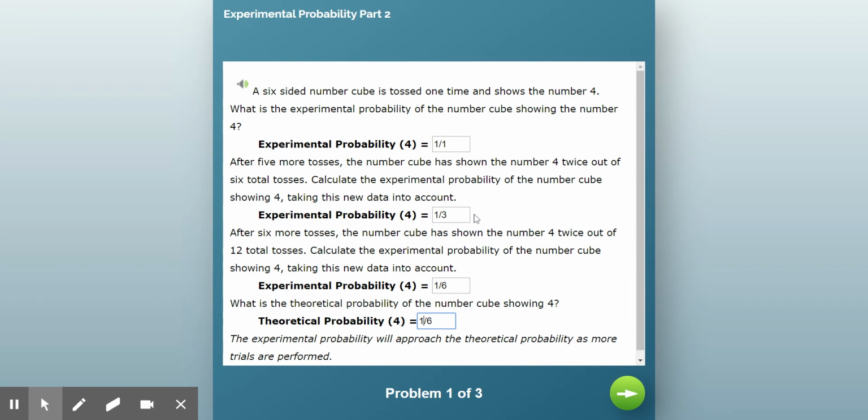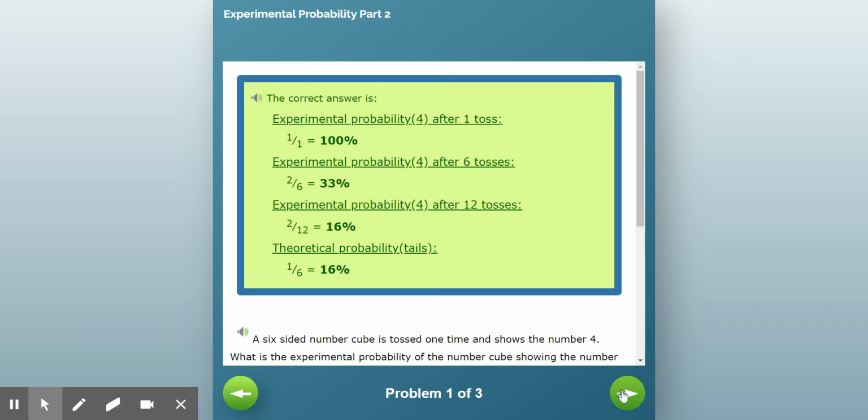Doing it 6 times, okay. Doing it 12 times, and look, the more I did it, the closer the probability got to theoretical. All right, so 100% chance after 1, 33% chance after 6, 16% chance after 12, and 1 out of 6 is about a 16% chance.